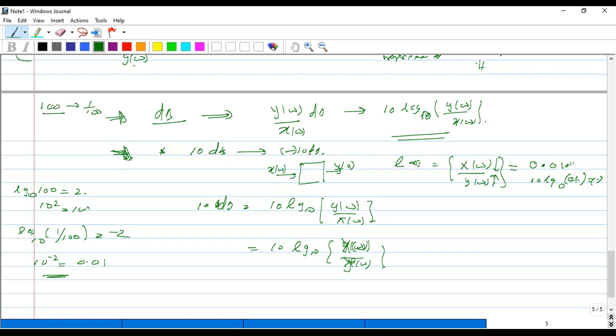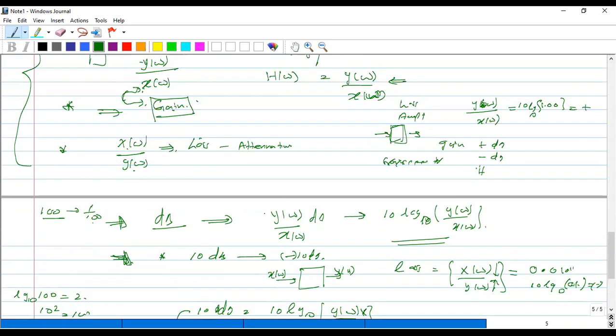If you have 100, it should be 1 divided by 100. Here y omega over x omega has some value, let's say x. If you get 10 log 10 of x, that is 10, and if you get 10 log 10 of 1 by x, you will get minus 10. So only the sign is changed. You have to understand this.